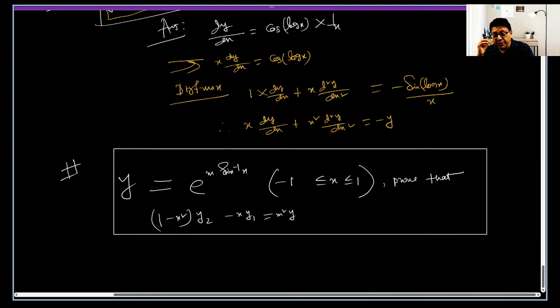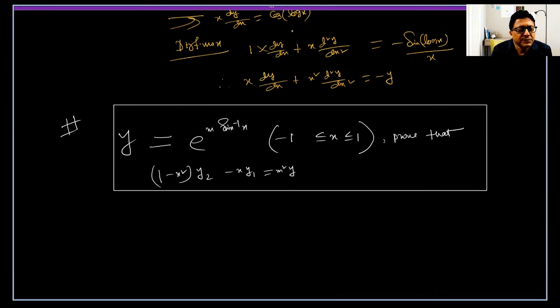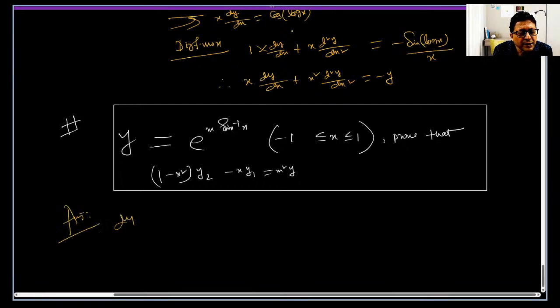Okay, how to proceed? You will differentiate once. Again the same manner. Do it before I complete here and send me the report. Derivative will be e to the power m sin inverse x, m by root 1 minus x square.